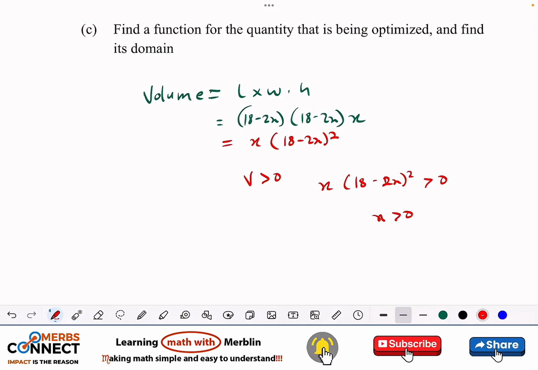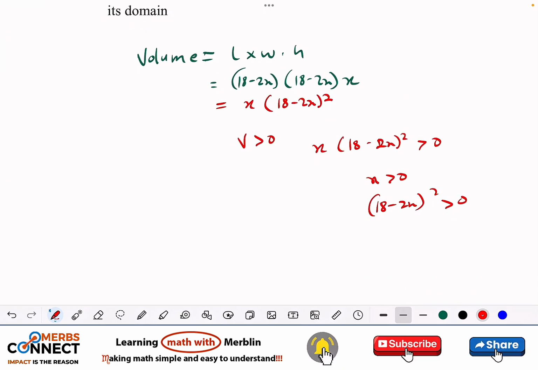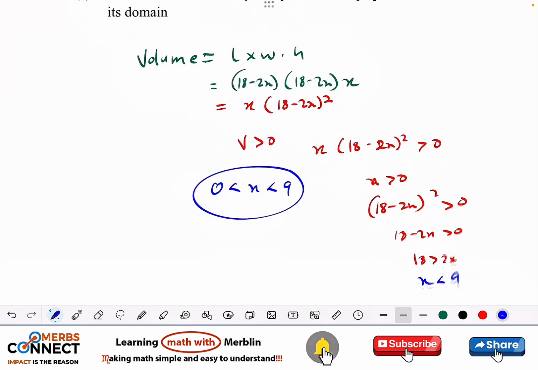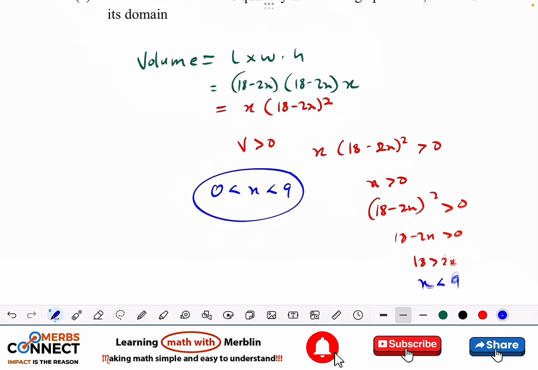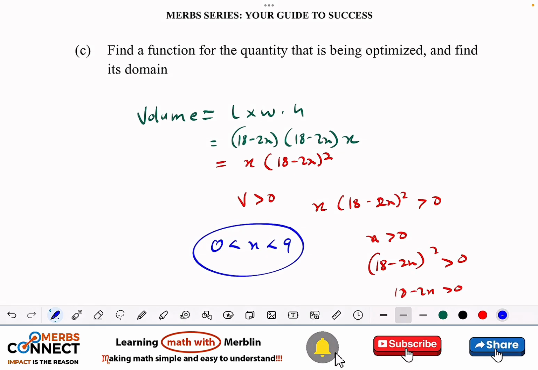Then 18 minus 2x is greater than 0, so 18 is greater than 2x, and x will be less than 9. So the domain should be 0 to 9. Good, that is the domain.